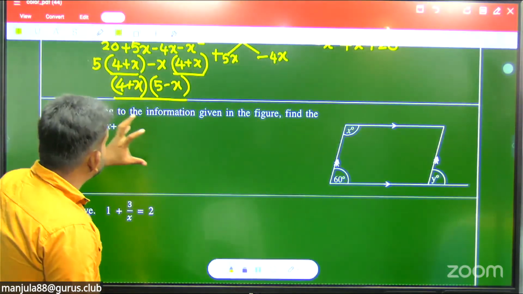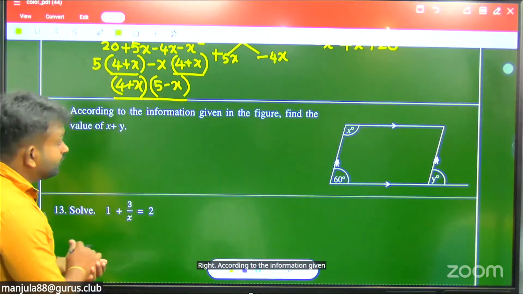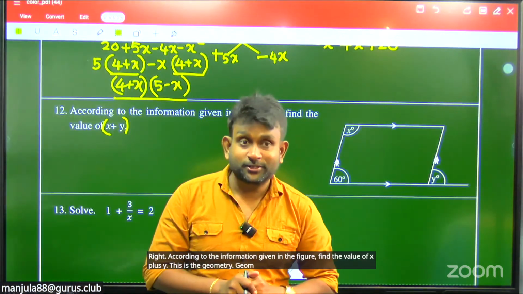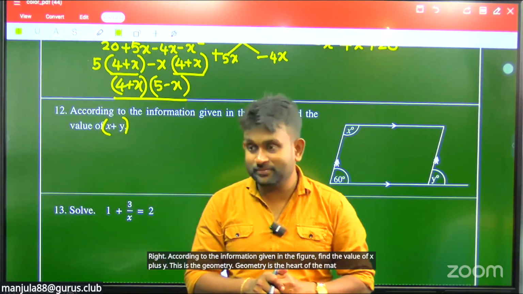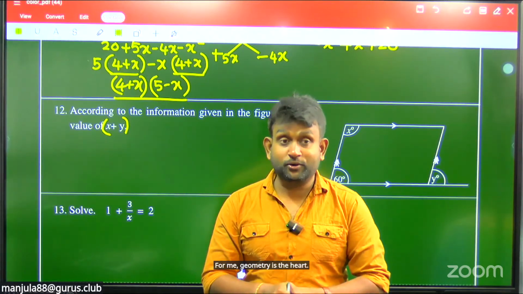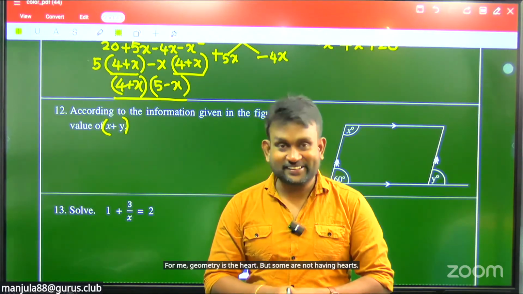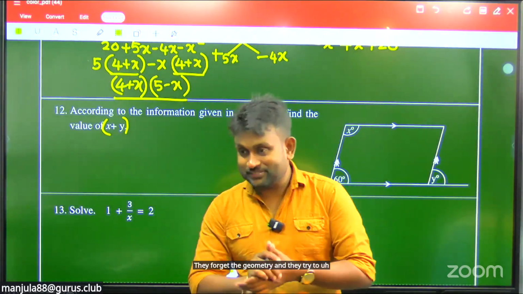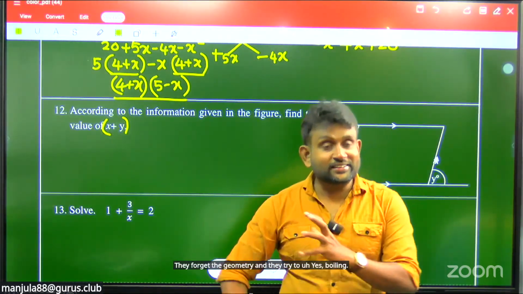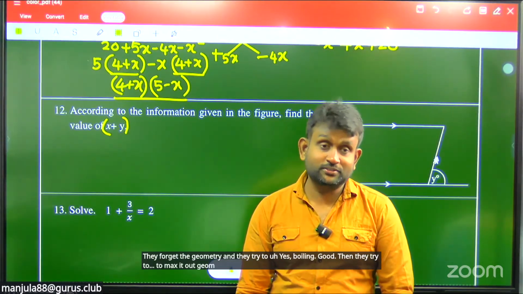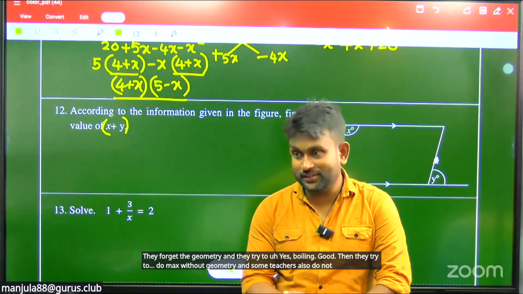According to the information given in the figure, find the value of x plus y. This is geometry. Geometry is the heart of mathematics, as I mentioned. Some forget the geometry and try to do maths without it, and some teachers also do not teach the geometry.